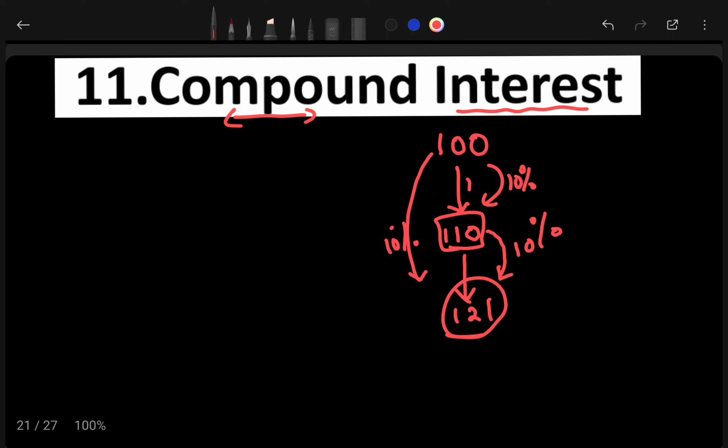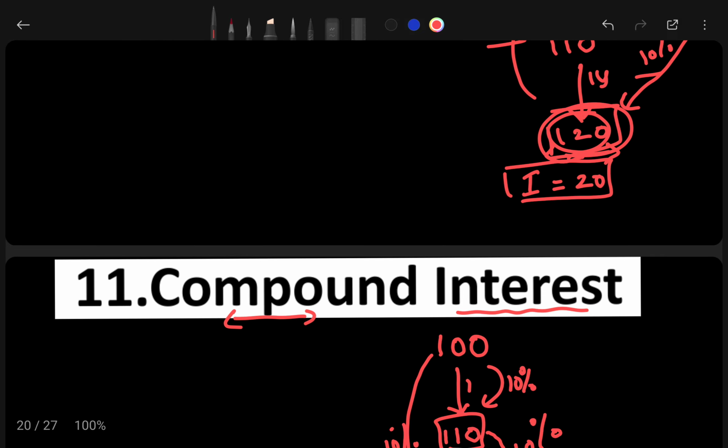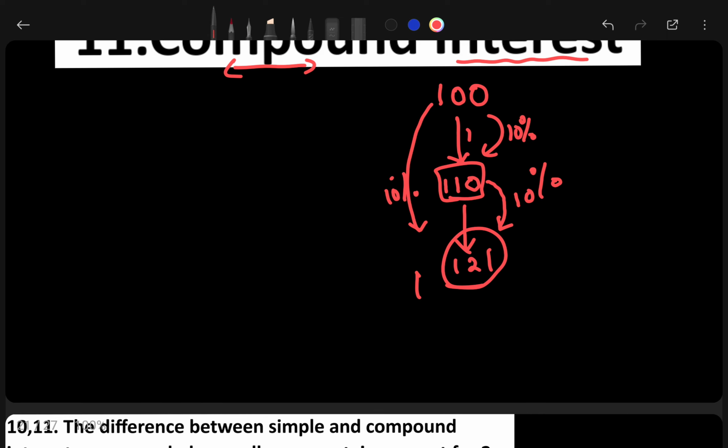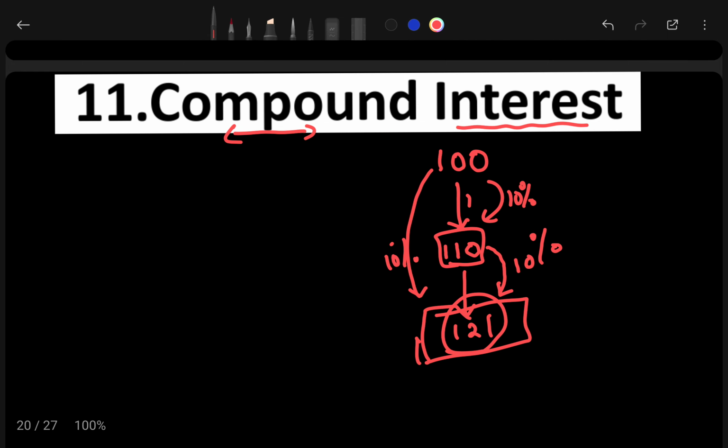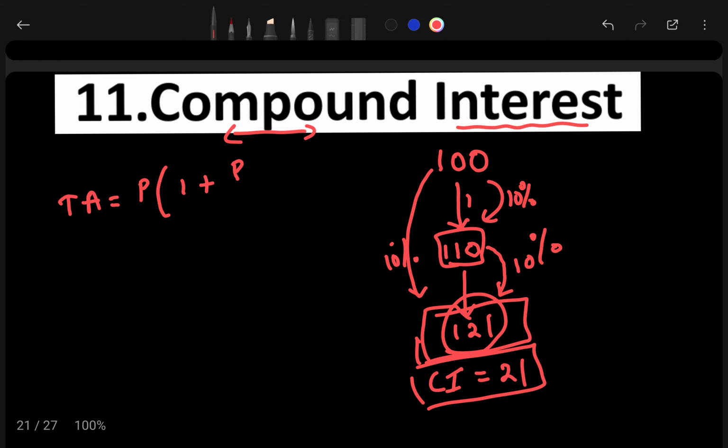If simple interest generates 120, compound interest generates 121. That means the extra amount in compound interest is 21, whereas in simple interest it was 20 rupees. And the compound interest formula, don't confuse here, gives the total amount, not the interest. Total amount is P of 1 plus R by 100 whole power T.